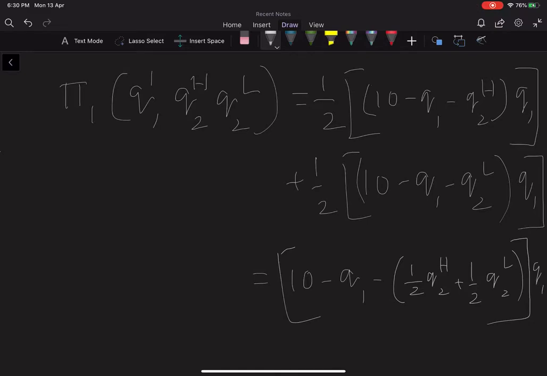Okay, so basically this inside the bracket is the expected production of the second firm.